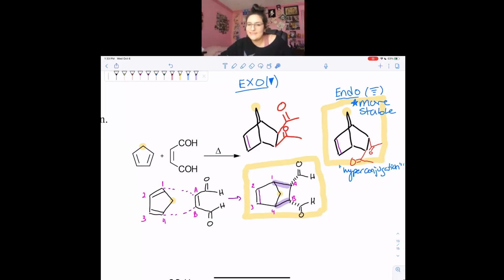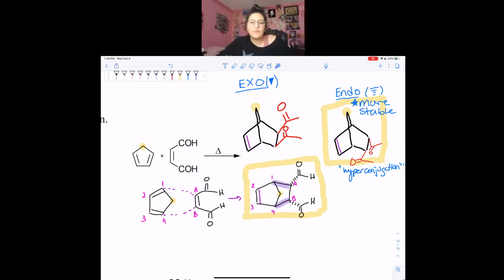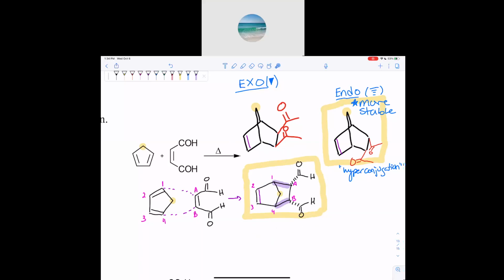But both products would form? Like a little bit of exo would form, or just endo? In reality, yes, a little bit would form, but for the purposes of his questions on the exam, if he asks you what the product is, you're picking this. Even if this one was an answer choice, you have to pick this one. Okay. Thank you. You're very welcome.